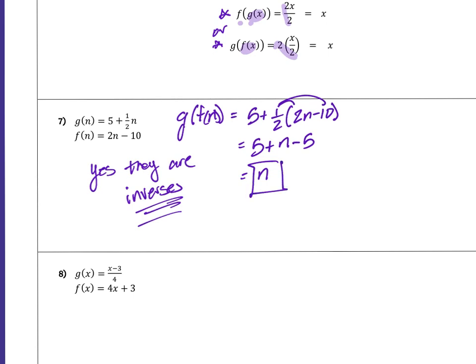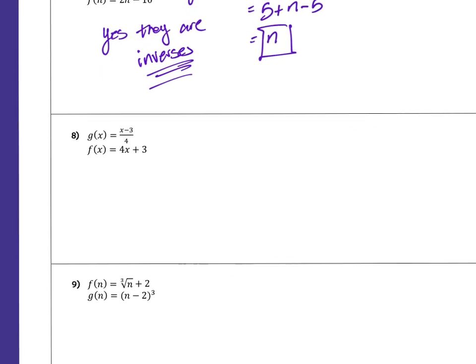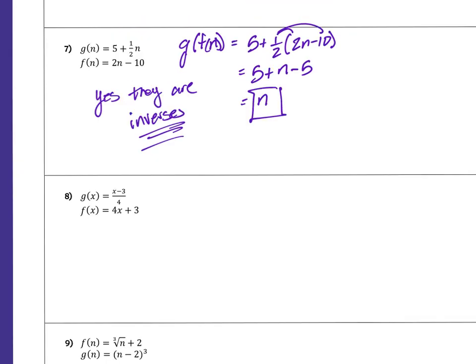Okay? Okay. So now I'm going to have you guys try it. I need you to just tell me by verifying if they're inverses or not. So all right. When I do this, I'm going to go ahead and do it both ways because I don't know which way you guys chose to do it.